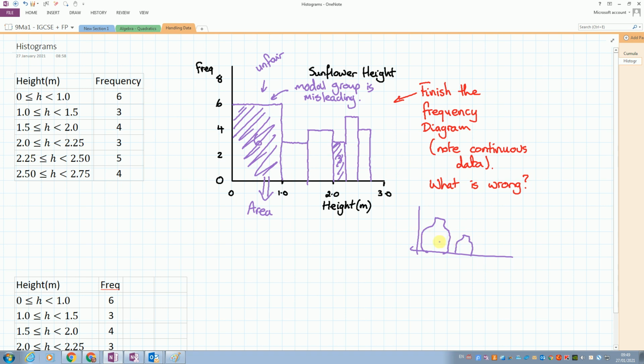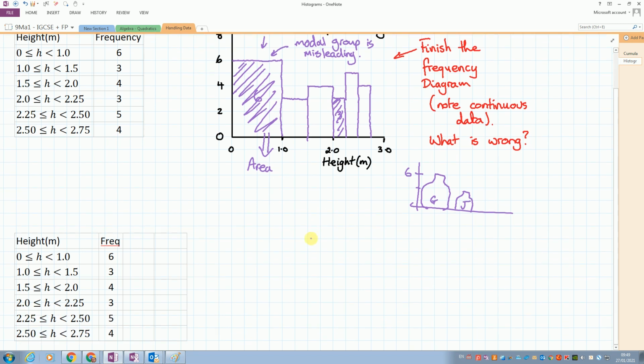It's because they're using different width areas and they're saying there's 6 of this type of Guernsey cow and we've got 3 of this type of Jersey cow. And because the bottles are stretched in both directions, this is misleading. The same idea is here. This area is misleading about how important that group is. Okay? So the way we can deal with it is we now know we've got to deal with the area.